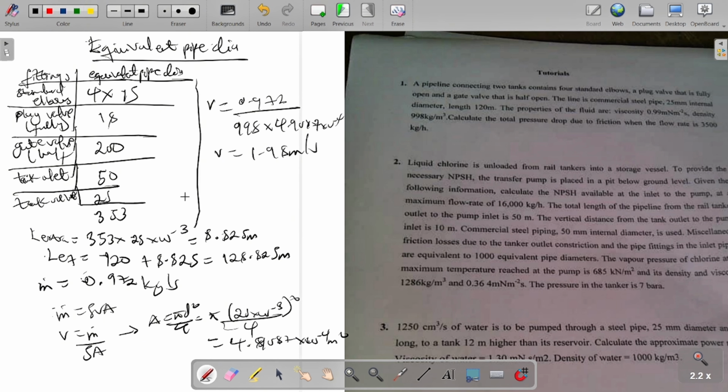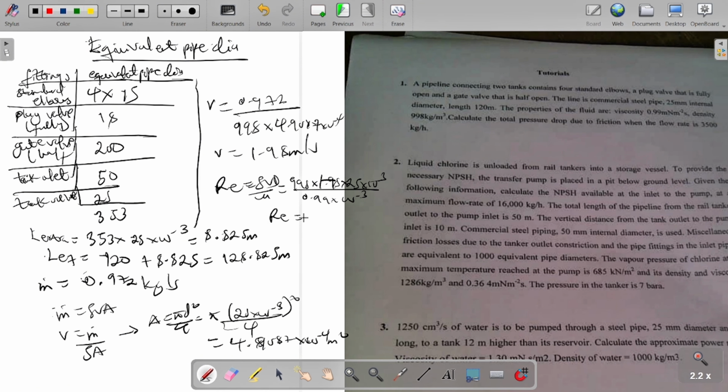That's very easy, right? So right now the Reynolds number becomes rho Vd divided by mu. The rho is 998 times velocity, 1.98, times diameter, 25 times 10 to the power minus 3, divided by mu, which was given as 0.99 times 10 to the power minus 3 because of the milli.